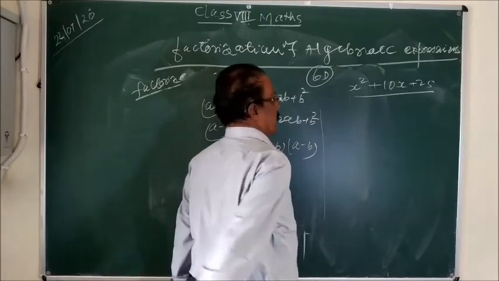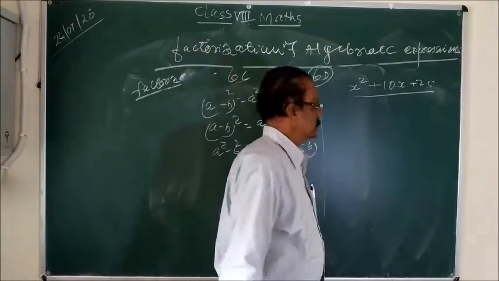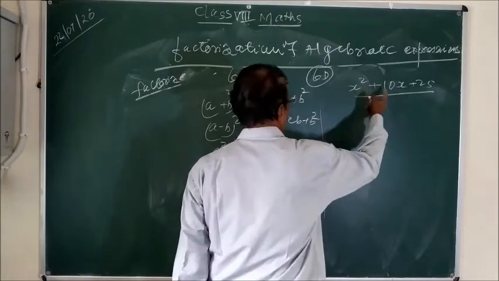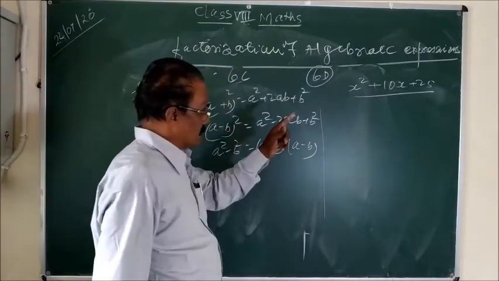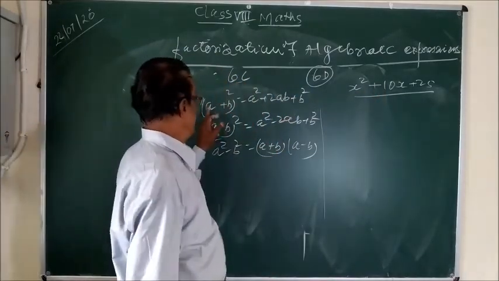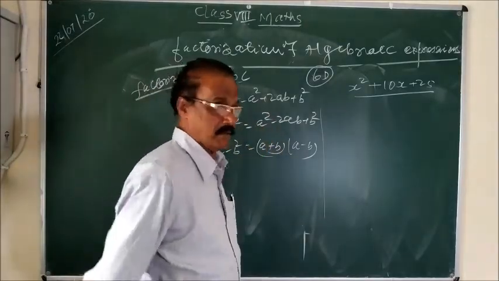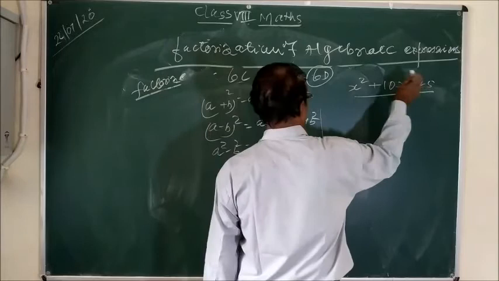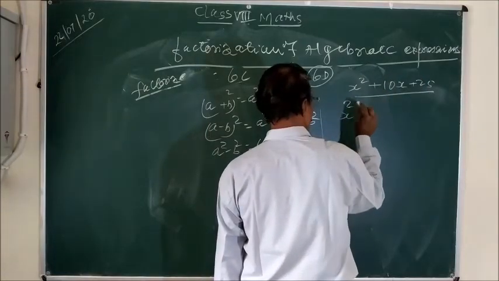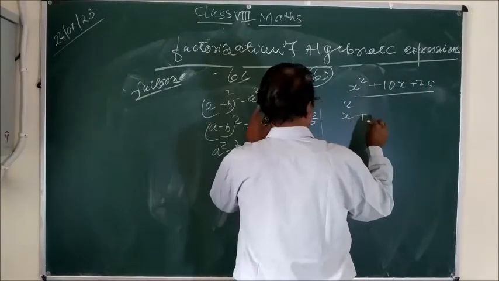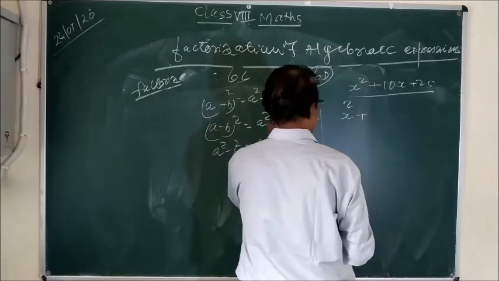Now you have to factorize this trinomial. All the signs are plus, so this should be a plus b whole square, a perfect square. Now we try to change x square, and 2ab, this is the formula.